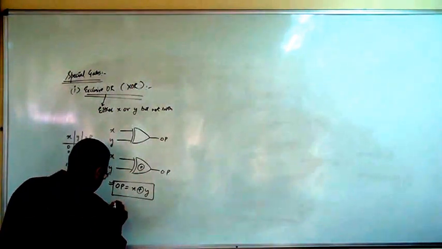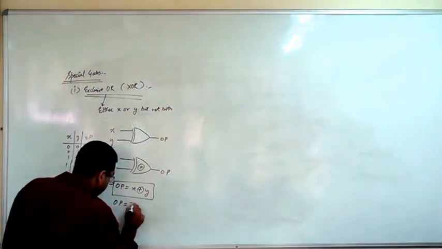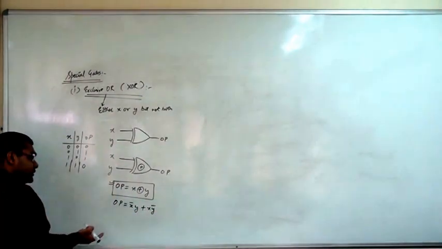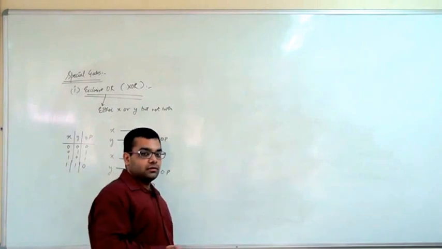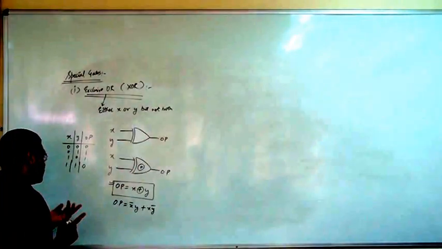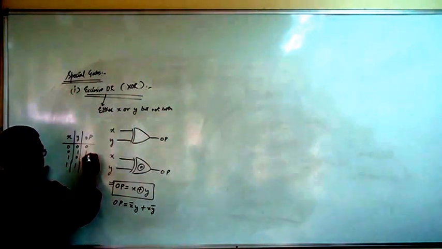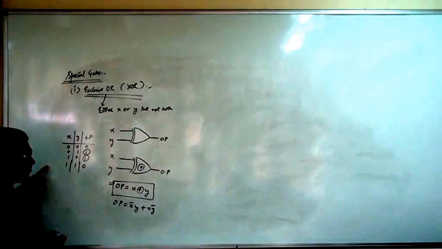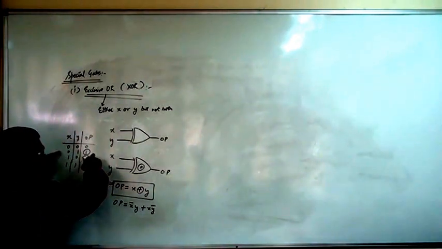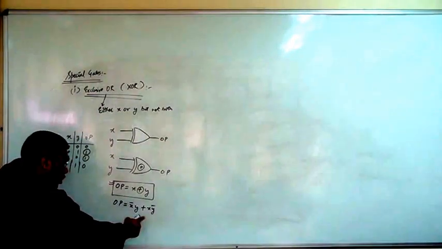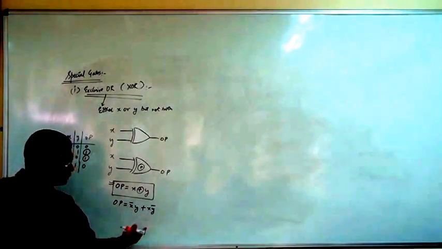Now writing it in a complete form, you can see the output comes out to be X bar Y plus X Y bar. How this is written, the details we'll see later; here we just introduce the concept. The function is 1 when X is 0, Y is 1, or X is 1, Y is 0.